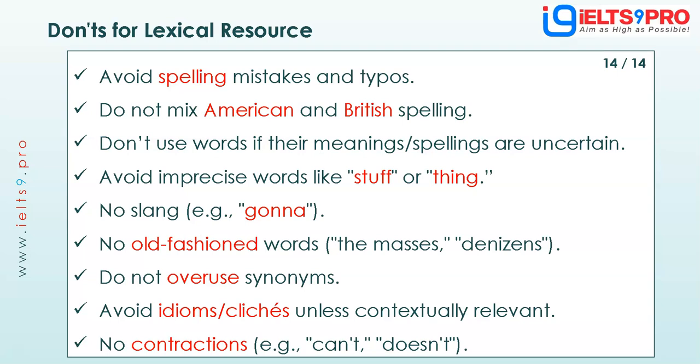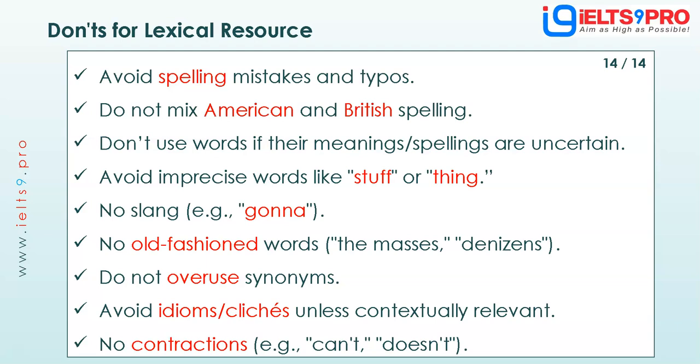Okay. Now, if you're not 100% sure, as I keep saying, don't use it. Because as a strategy, at least it won't be incorrect. Right? So instead of using a word that you're not 100% sure of, that is not appropriate, not correct, so you'll be losing out, use words that you know.